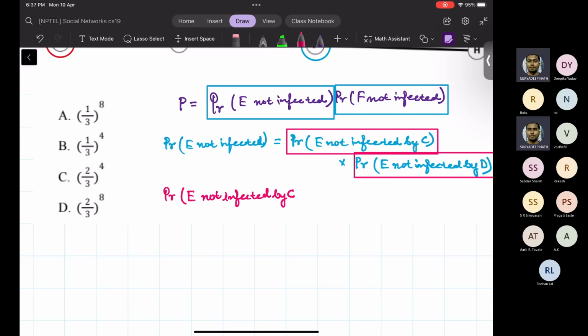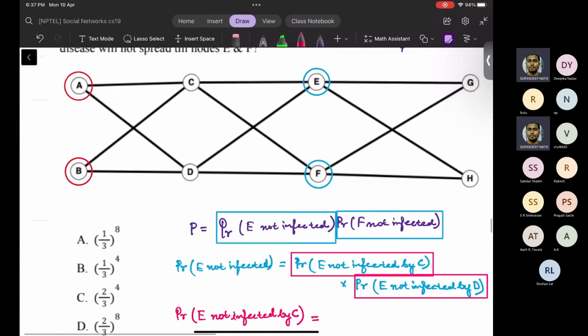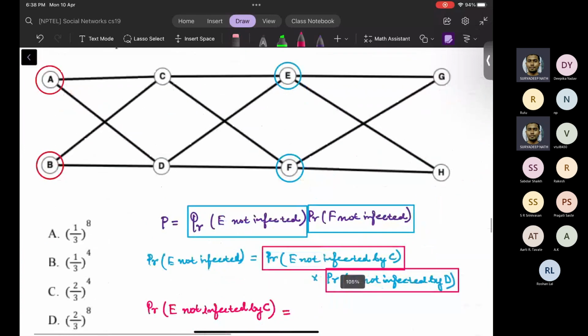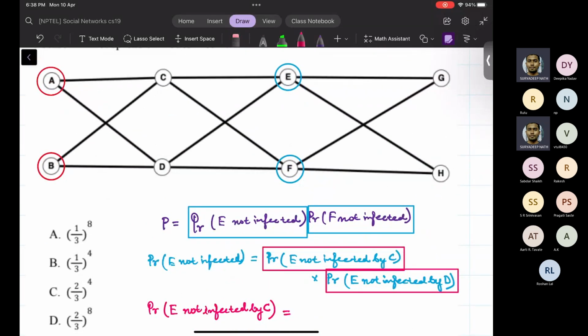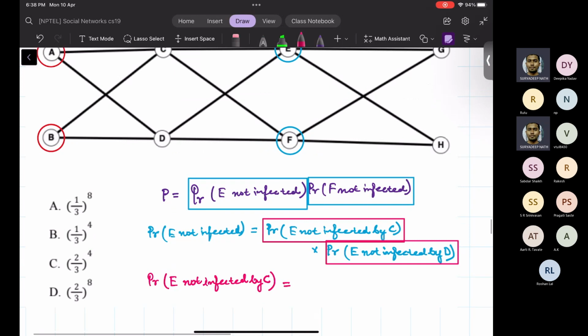by C would be, so now what is the event when E is not infected by C? That can happen in two cases. One, that C itself is not infected, therefore it cannot transmit anything to E, or C is infected but still could not transmit the disease to E. So we have to break it into two disjoint components. In such a case, if the events are disjoint, we use the sum of probabilities.